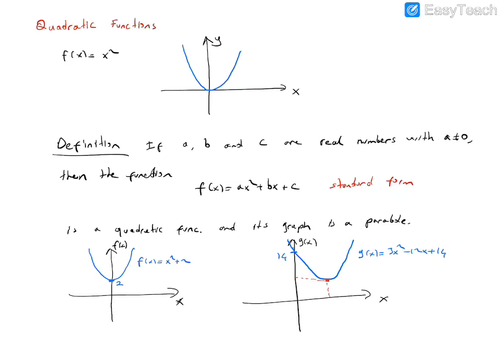When sketching the graph, finding the y-intercept and the x-intercepts is very important. For the quadratic function, we have a formula. It's called the quadratic formula, to find the x-intercepts or zeros of the function, the roots of the function. So in general, if our function is f of x equals ax squared plus bx plus c, to solve the equation ax squared plus bx plus c equals 0, we have the quadratic formula, of course if a is different than 0.